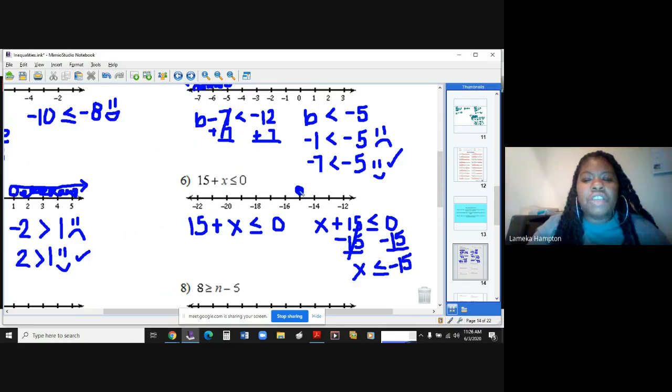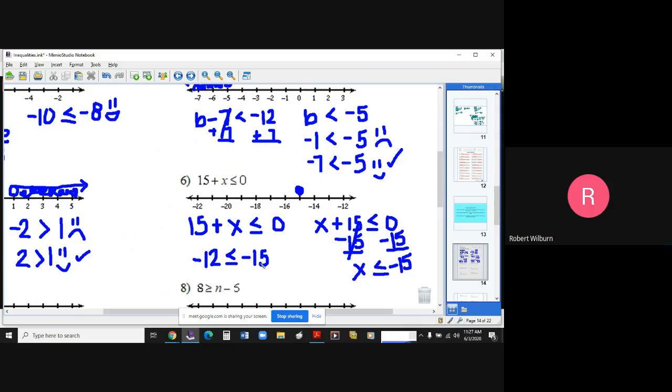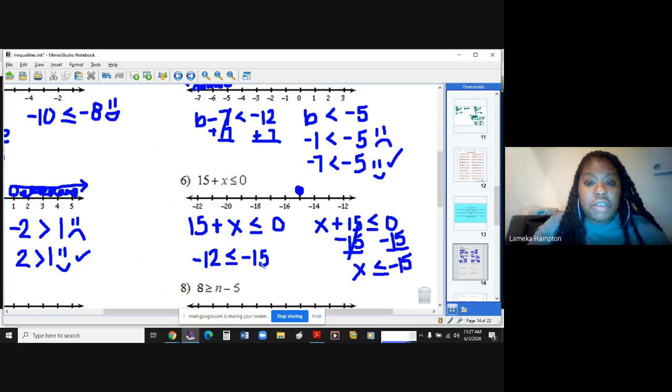All right, so let's pick a number here. I am going to pick negative 12. So negative 12 is less than negative 15. Is that true? No, my bad.